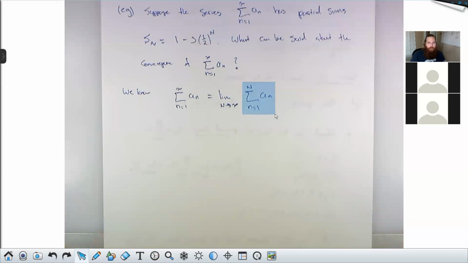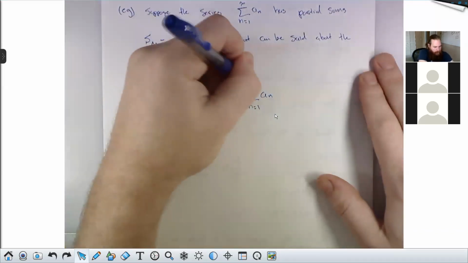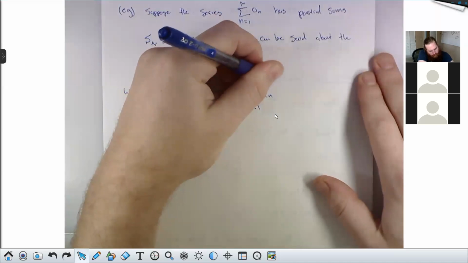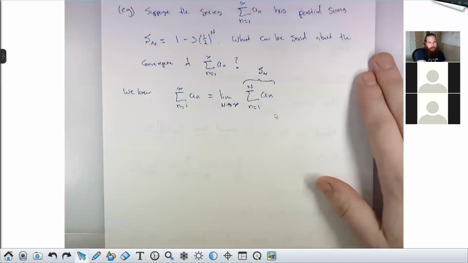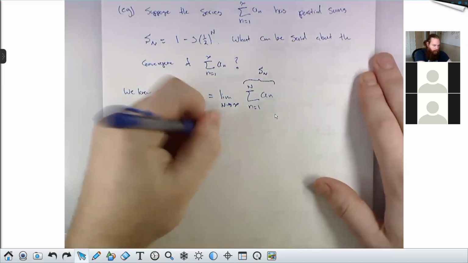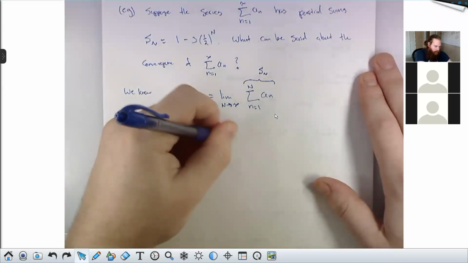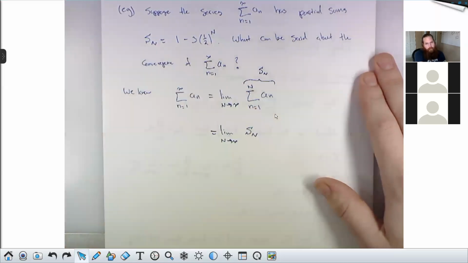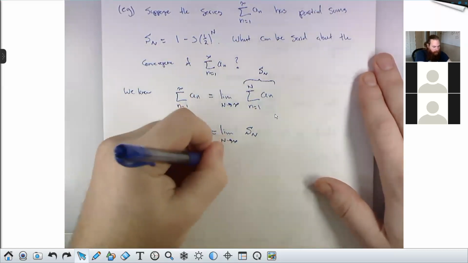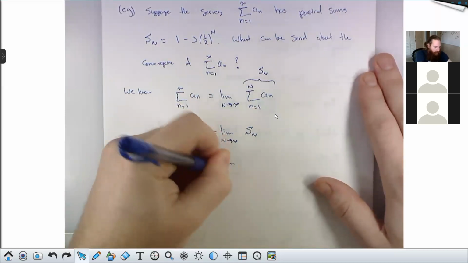And what is this? This is S_n. So this is the limit as n goes to infinity of S_n. I have a formula for S_n. That's what they told us. That's the only thing they told us about this series.